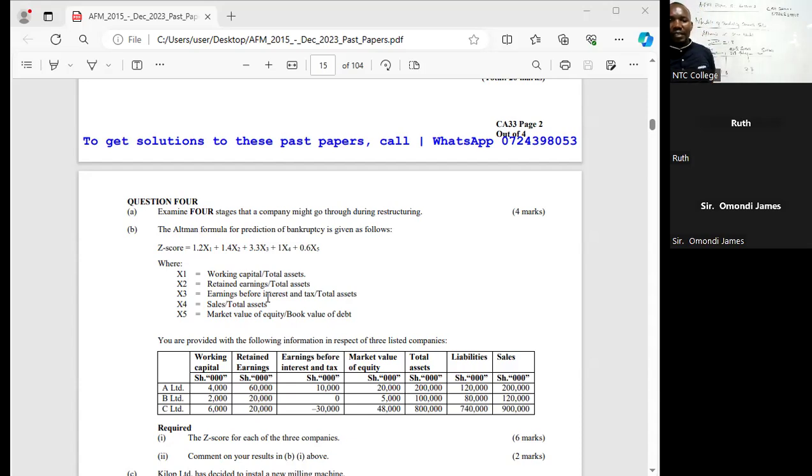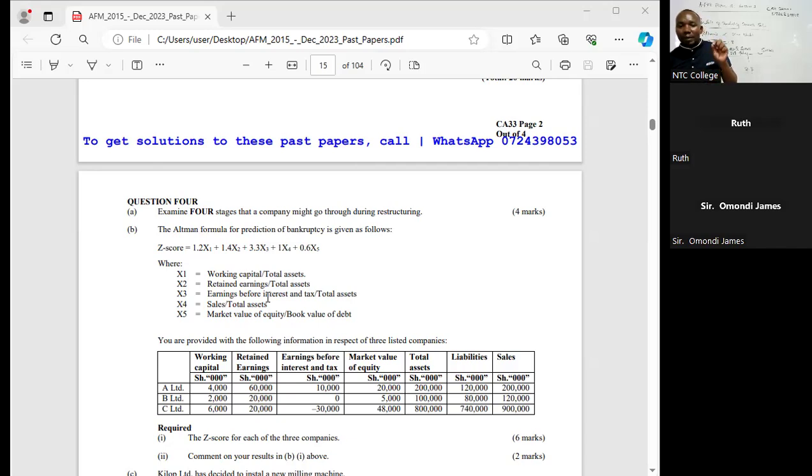where X1 is given, X2 is given, X3. Always use what the examiner has given you. Even though in my notes I refer to X4 as market value, the examiner has given you X4 as sales value, total sales over assets. Use what the examiner has given you. They have only exchanged it. If you are keen, you will realize that my X4 was market value over book value, multiplied by 0.6.